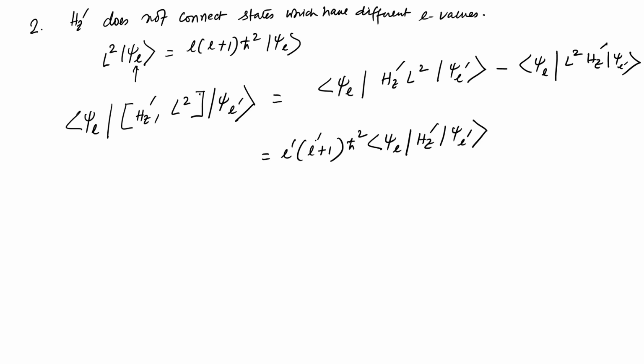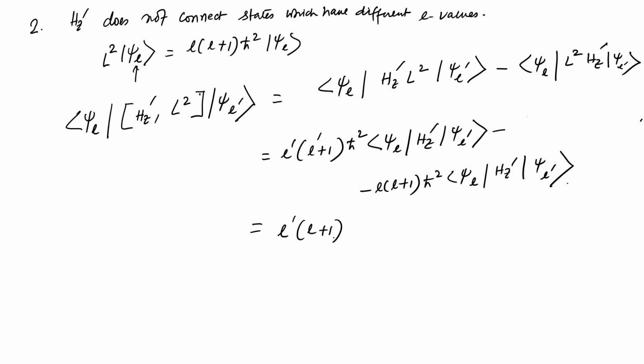So, L'(L'+1), and this will give me, minus L(L+1), because this L square is going to act on this bra psi_L. So, this is ħ² and you have <psi_L| H_z prime |psi_L'> and so on. So, this can be simplified and one can write it as [L'(L'+1) minus L(L+1)]. You can take this ħ² common as well.